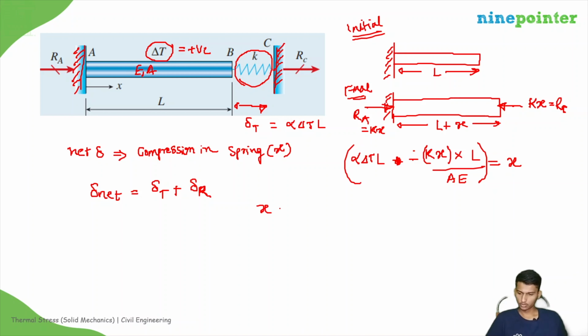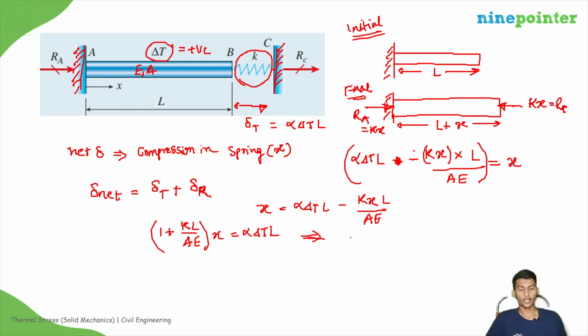So x is equal to alpha delta T L minus Kx L divided by AE, okay. So 1 plus KL divided by AE into x is equal to alpha delta T L. That will give rise to x is equal to alpha delta T L divided by 1 plus KL divided by AE.